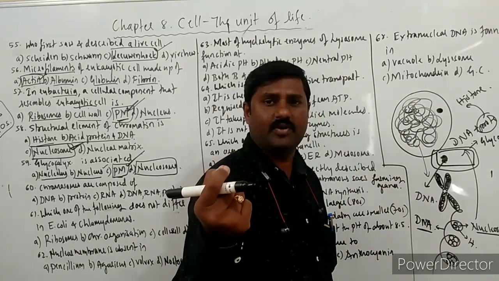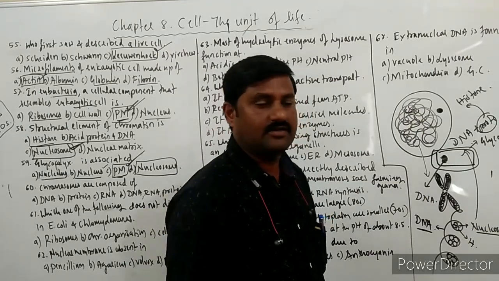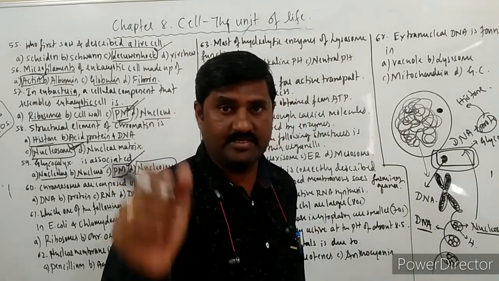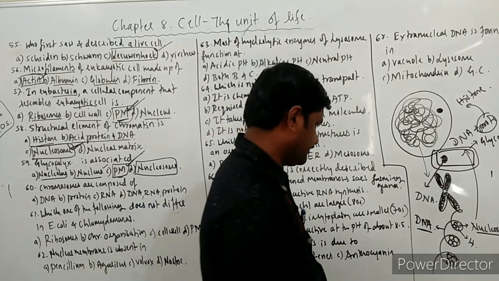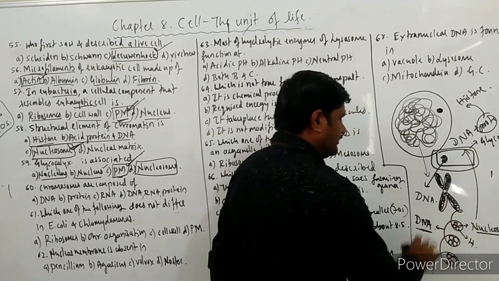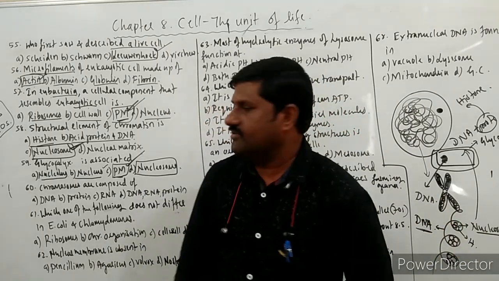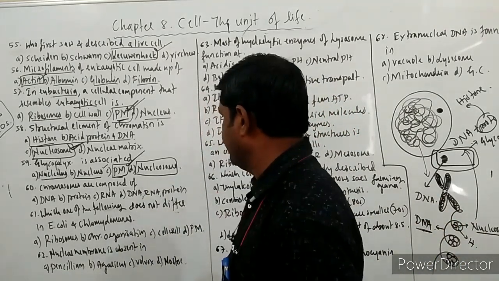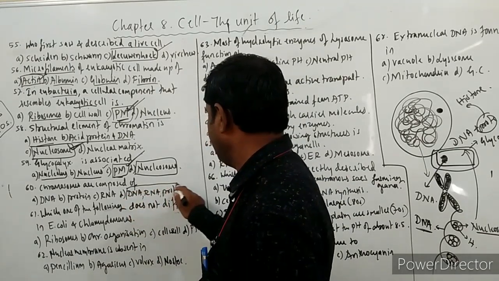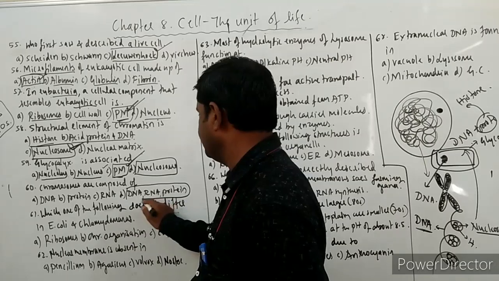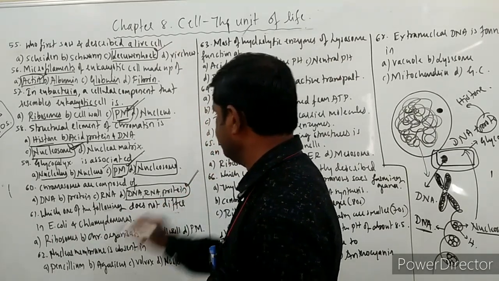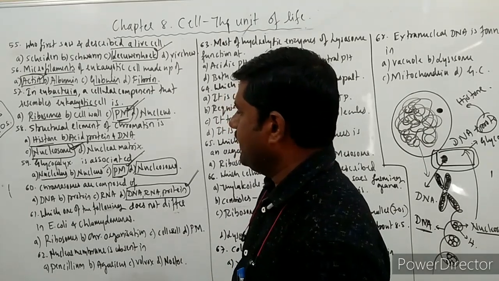A very limited amount of RNA is present in the chromosomes; its percentage has been mentioned by me already. So DNA, proteins as well as RNA. Hence which option is correct? That is option D, DNA, RNA as well as protein. This is the correct answer for this question.